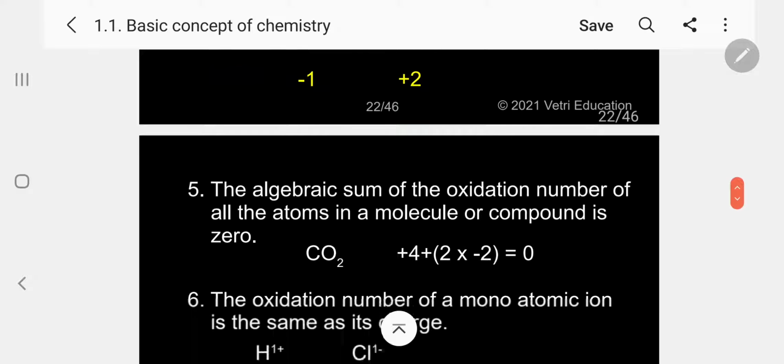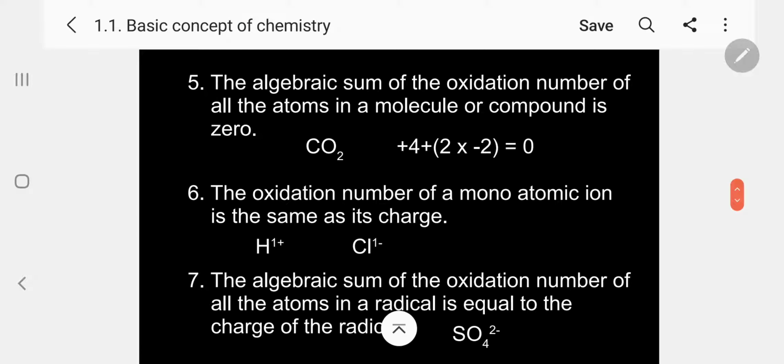Another rule, rule 5, most important: the algebraic sum of the oxidation numbers of all the atoms in a molecule or compound is 0. Please follow. Here in the example, 4 options are given: nitric acid, NO, N2, ammonium chloride.